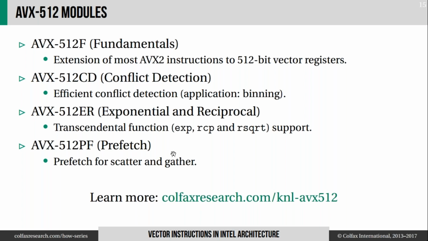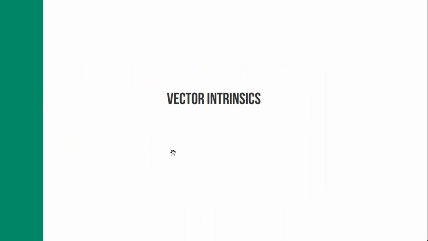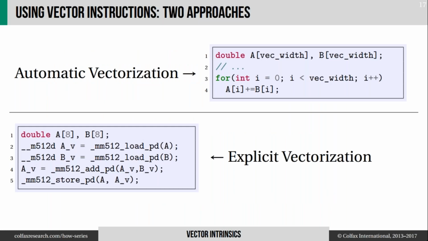So we need to talk about how you can get vector instructions in your code. And I will explain two methods: automatic vectorization and explicit vectorization. With automatic vectorization, to get vector instructions in your code, you continue to write scalar code.